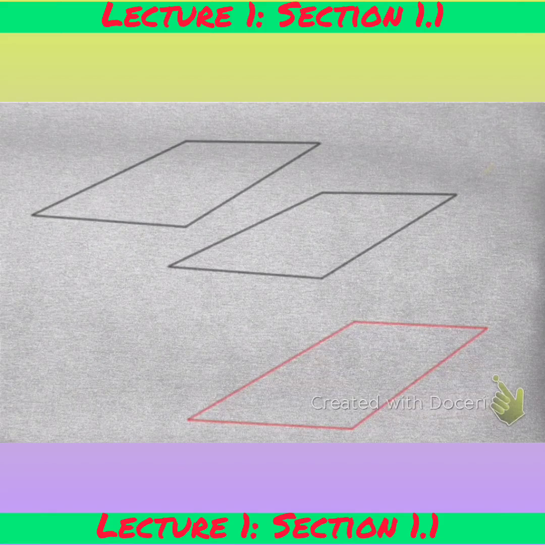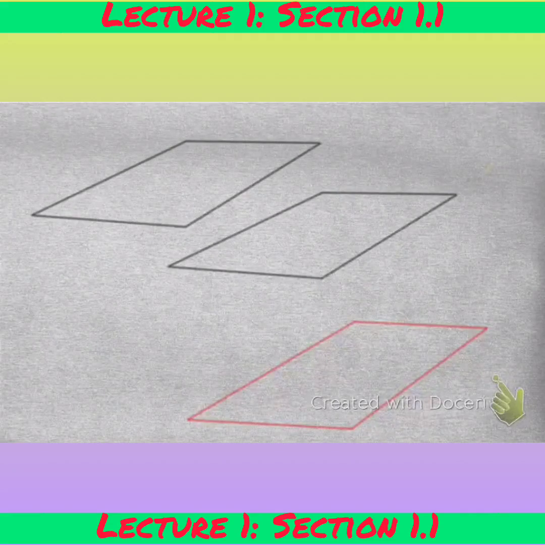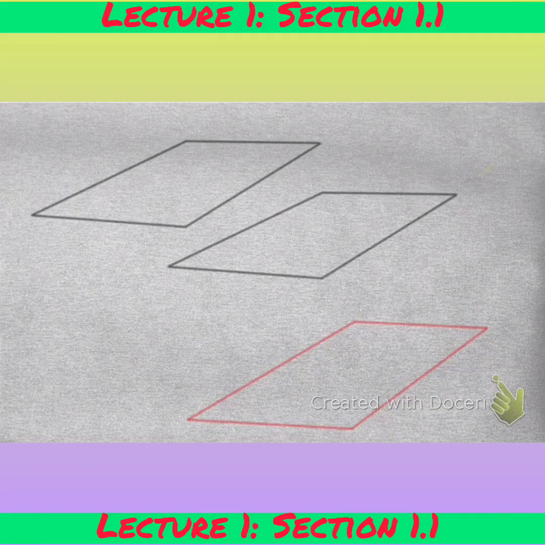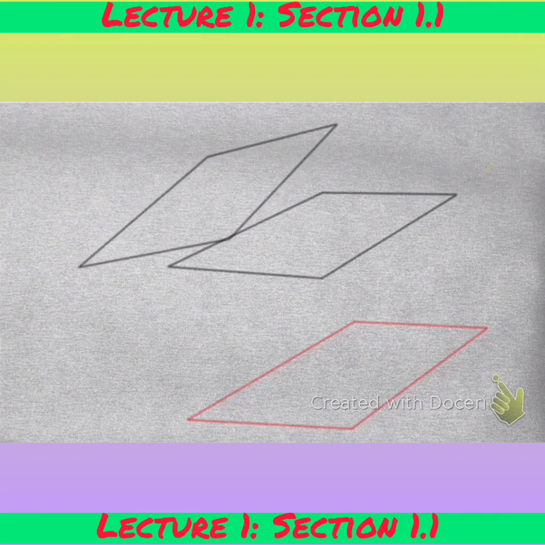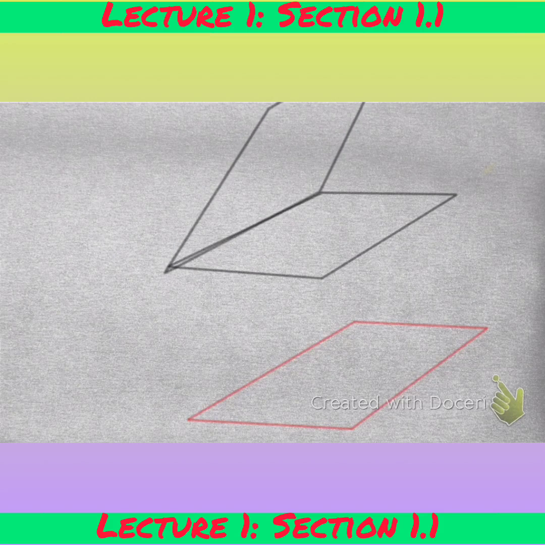Right, so let's look again at one last type of configuration. Again, we've got three equations and three unknowns, and all three of them are planes in R3. So let's look at the case where the two black planes intersect basically in that line there.